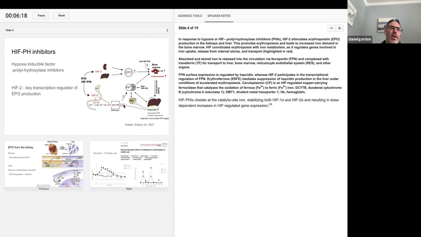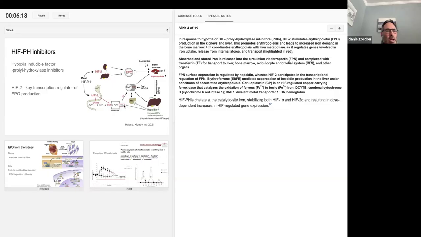So the HIF PHIs are the hypoxia-inducible factor prolyl hydroxylase inhibitors. This is a class of drugs that has been utilized in people with chronic kidney disease that have anemia. Remember, as we talked about previously, HIF2 is the key transcription regulator of EPO production.